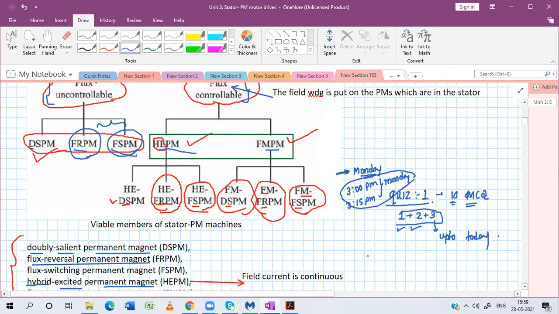Also tomorrow I am creating one assignment in Canvas. Assignment 1 will have a total of 9 questions, again from unit number 1, 2 and 3. So you have two assessments to go for.